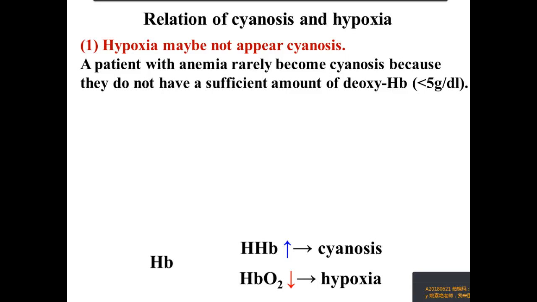Understand? Now, why? In anemia, hemoglobin concentration decreases, so oxyhemoglobin decreases.